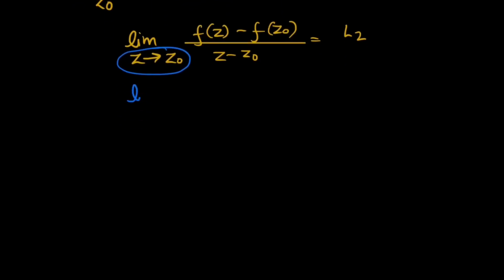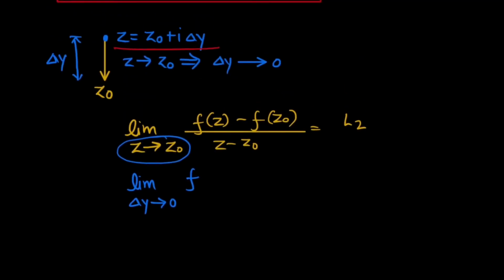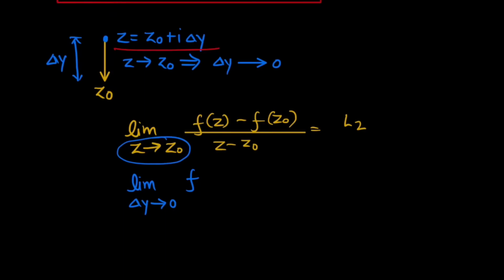So we have limit delta y tending towards 0, and f of z, z is what? z is z naught plus iota delta y.